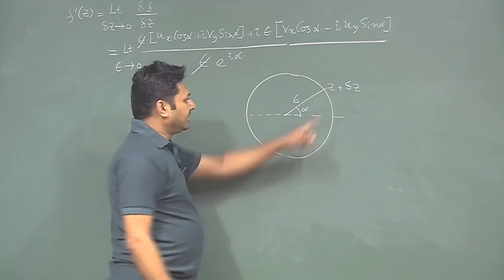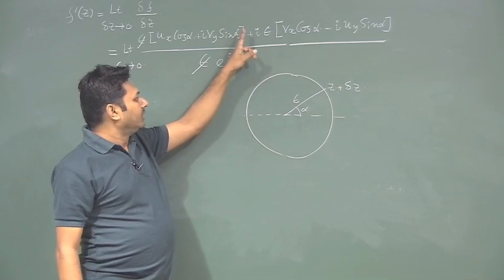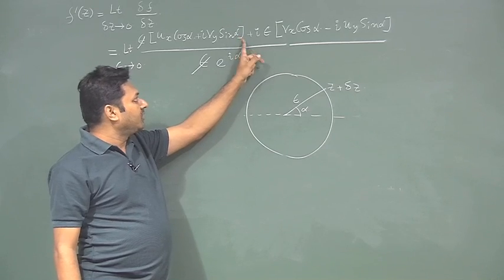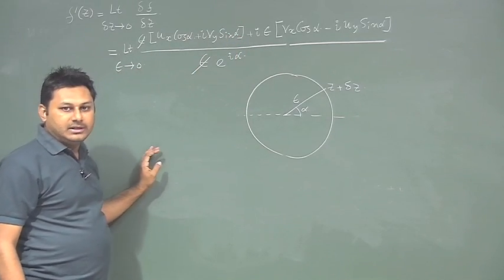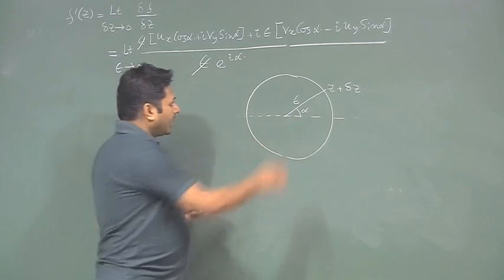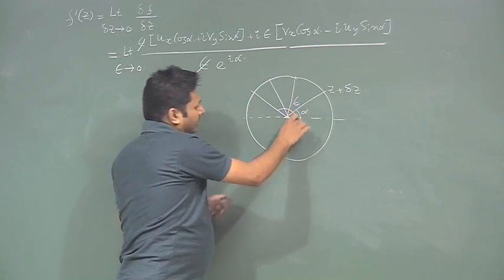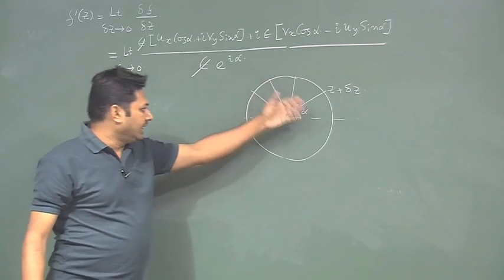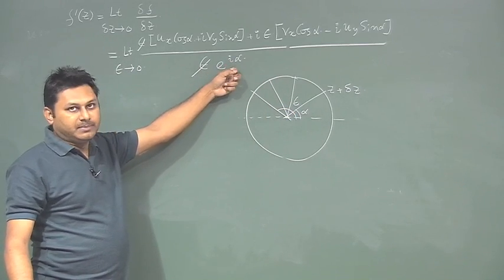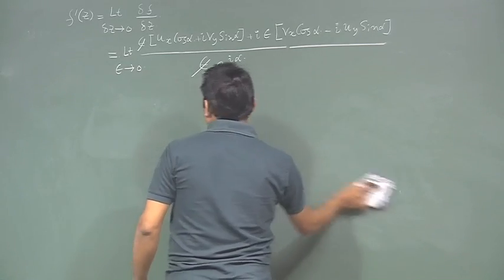I try to make delta z 0, and my approach now depends on alpha. Downstairs we have one alpha and upstairs we have one alpha. Is it possible to make this expression alpha independent? If it is, I shouldn't bother about the angle alpha. I can go from here, from here, from here. Alpha is not an important factor if I make this expression alpha independent.